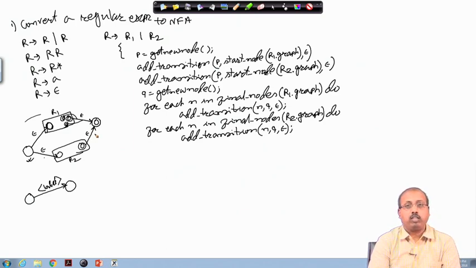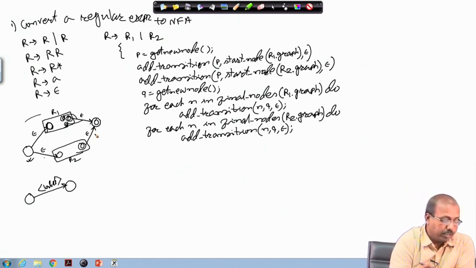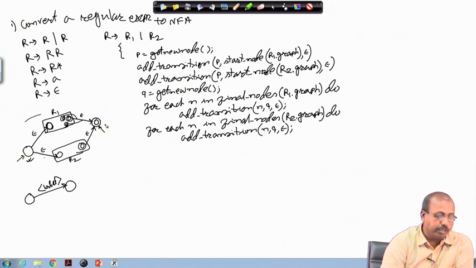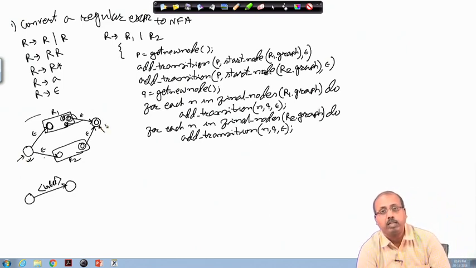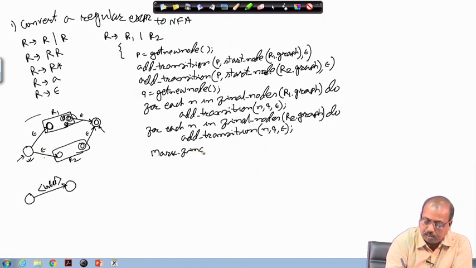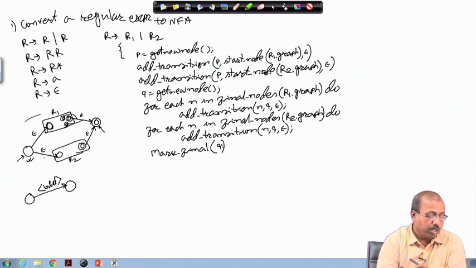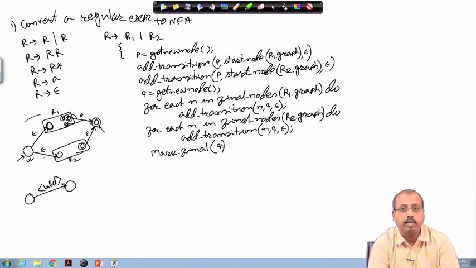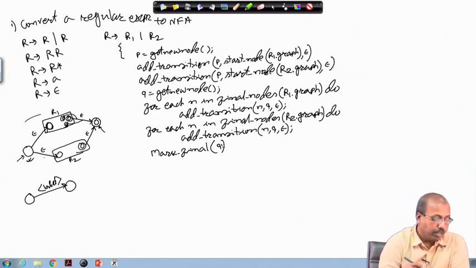Now, what we have not done so far is marking this node as the start node and marking this node as the final node. So, marking P as the start node and marking Q as the final node of the graph. We assume that there is a function called mark final which will mark the node q as a final node, and then we have to mark P as a start node.